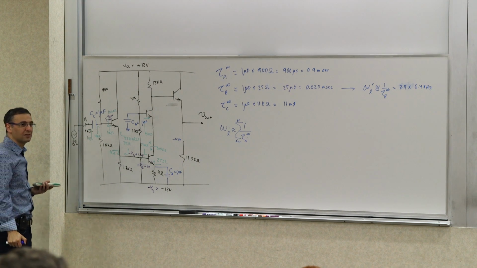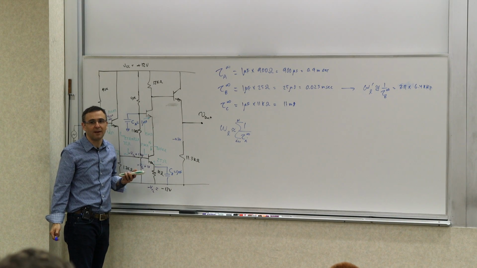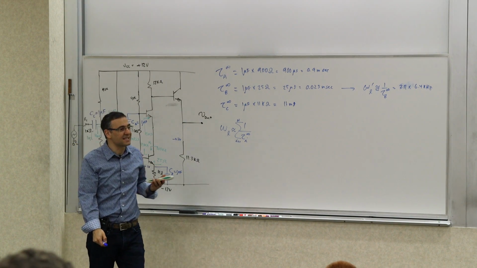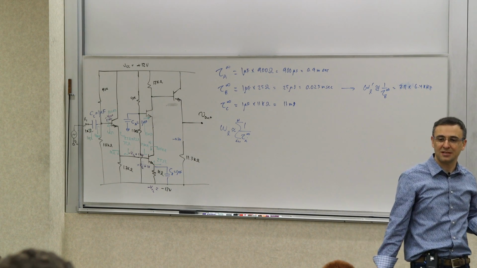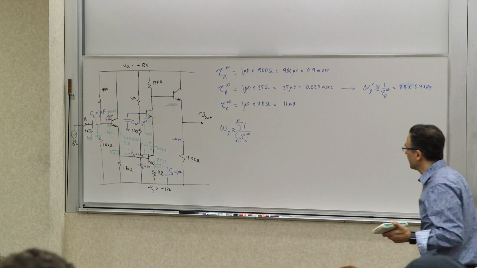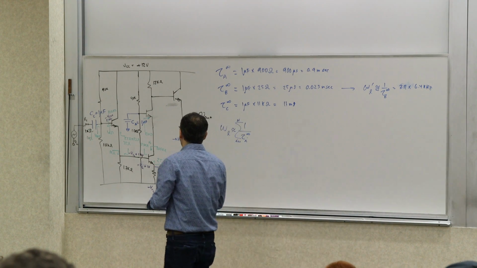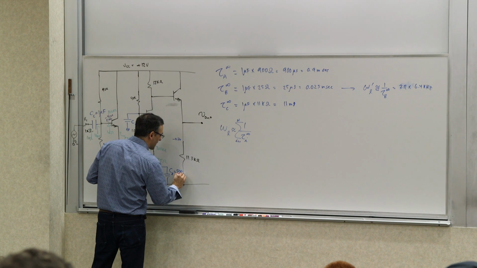So I need to do what? This capacitor needs to be what? Bigger. How much bigger? If I want to go from 6 kilohertz to, let's say, 60 hertz, it has to be 100 times larger. If I want to go to 20 hertz, it has to be 300 times larger. So I'll make it a big capacitor, I don't know, 500 microfarads.